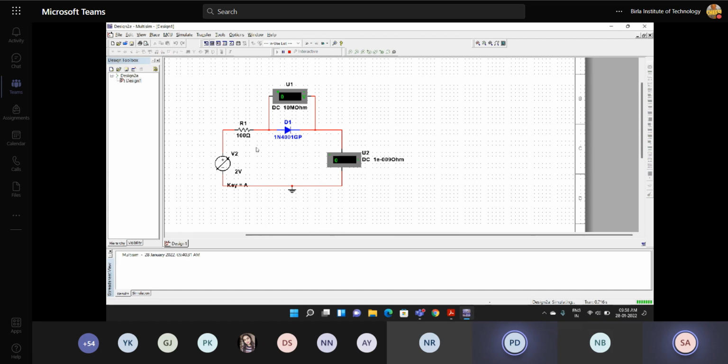This is the forward biased one. So have you taken the readings for forward bias characteristics and got that graph properly? Ma'am, this is the second one for forward biased. Yes, ma'am. Okay.